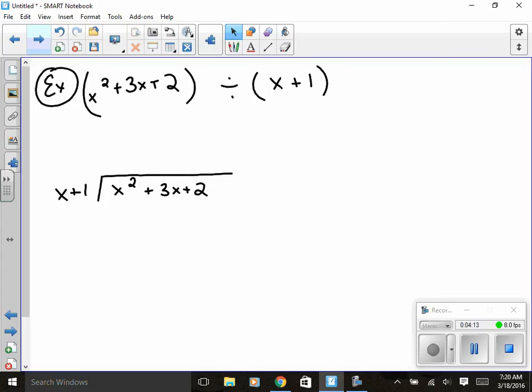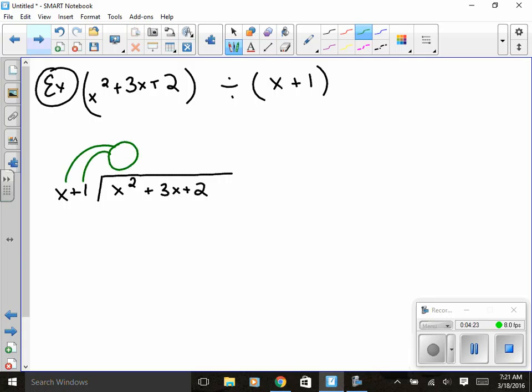So here is my goal. My goal in terms of long division is to have a number here that's going to be distributed to both of those, and that's going to give me this spot right here. Okay, now I know that if I'm working with this spot here and it's being multiplied by the x, my goal is to get an x squared.